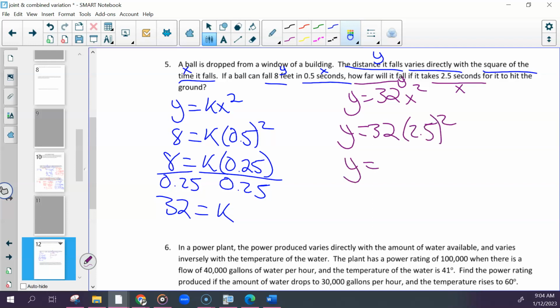You can put that all in your calculator all together, find out what 2.5 squared is, and then multiply it by 32. Either or, doesn't matter. And 200 what? 200 feet.